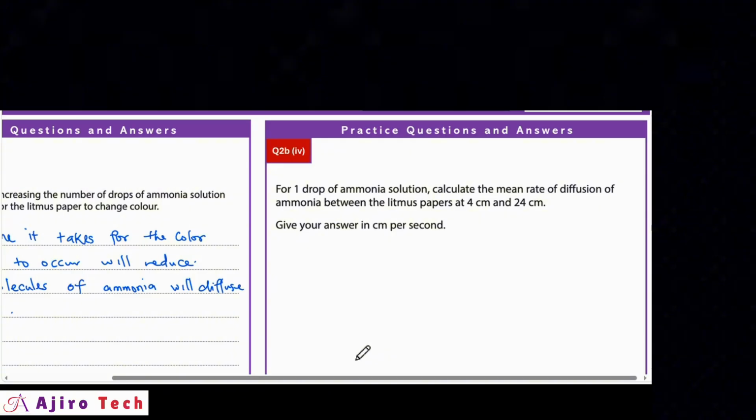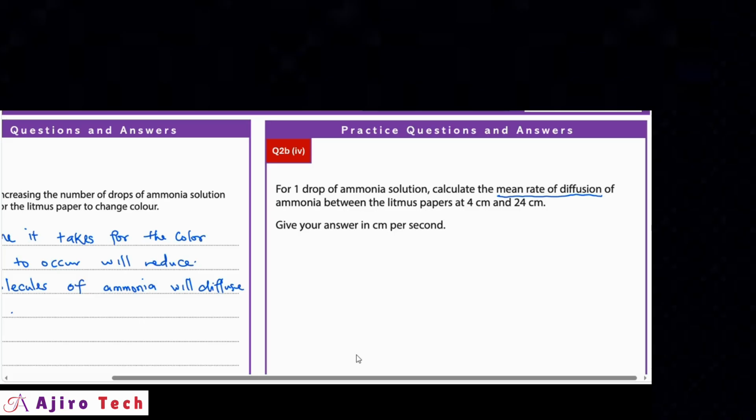Now, something very important you need to take note of, and that is mean rate. There is a formula for it, so we are going to follow that formula.